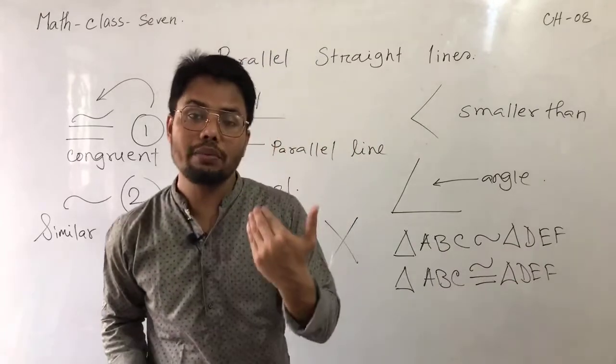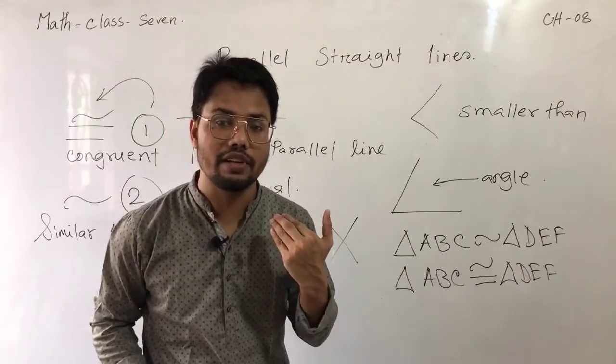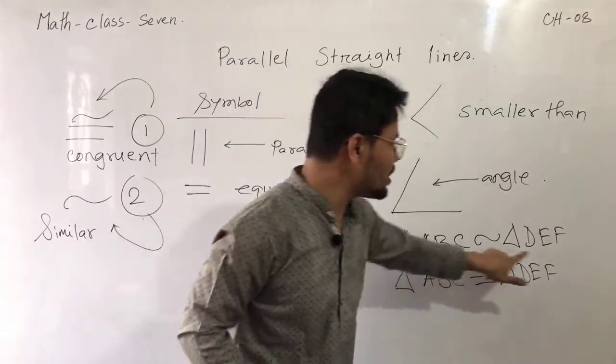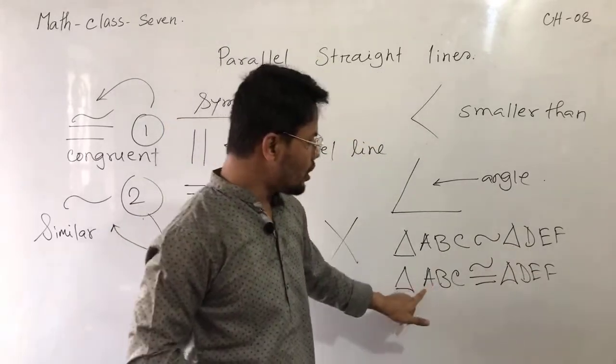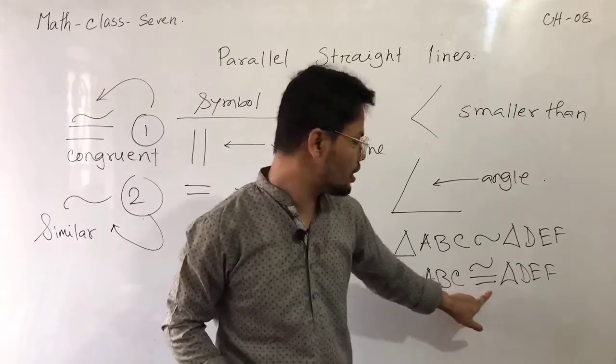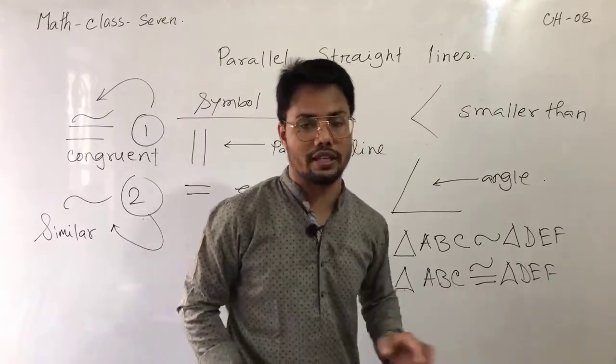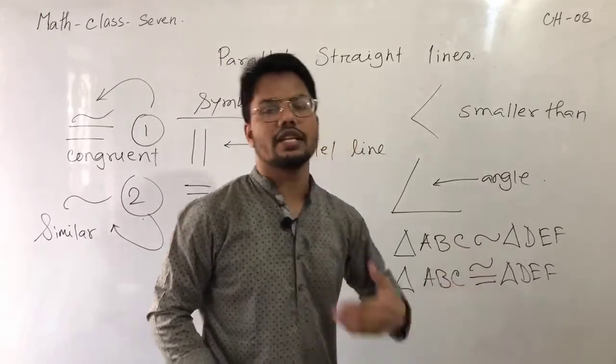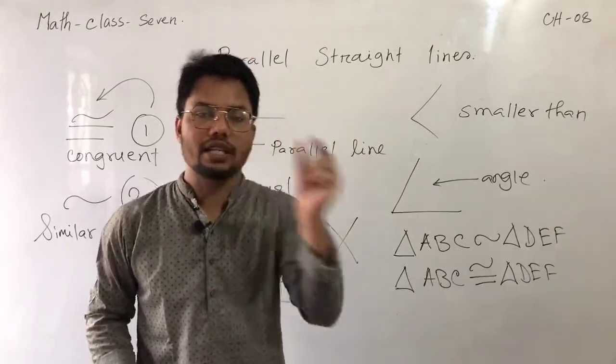So now you have to know what the characteristics of similar are, what requirements are essential to be similar triangles, and what characteristics are essential to be the congruent of two triangles. So basically we will apply these conditions in proving the theorems.